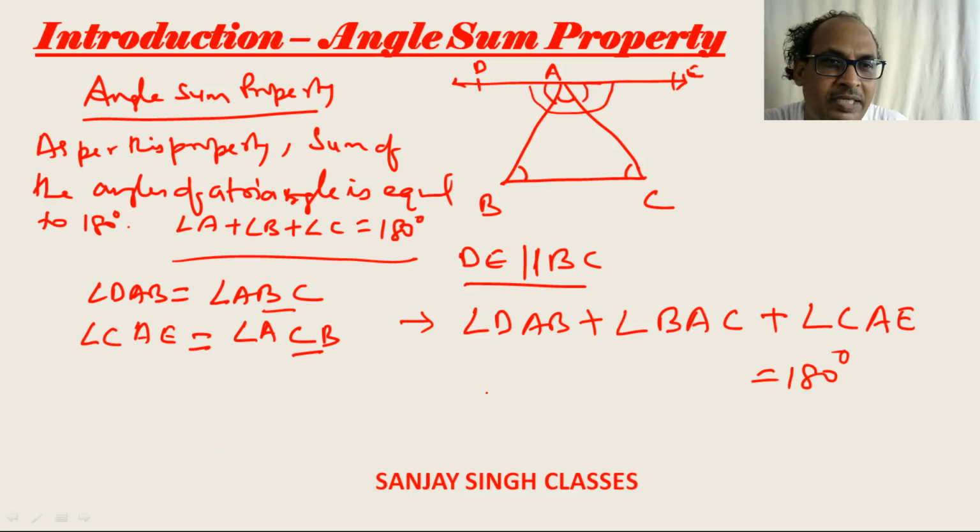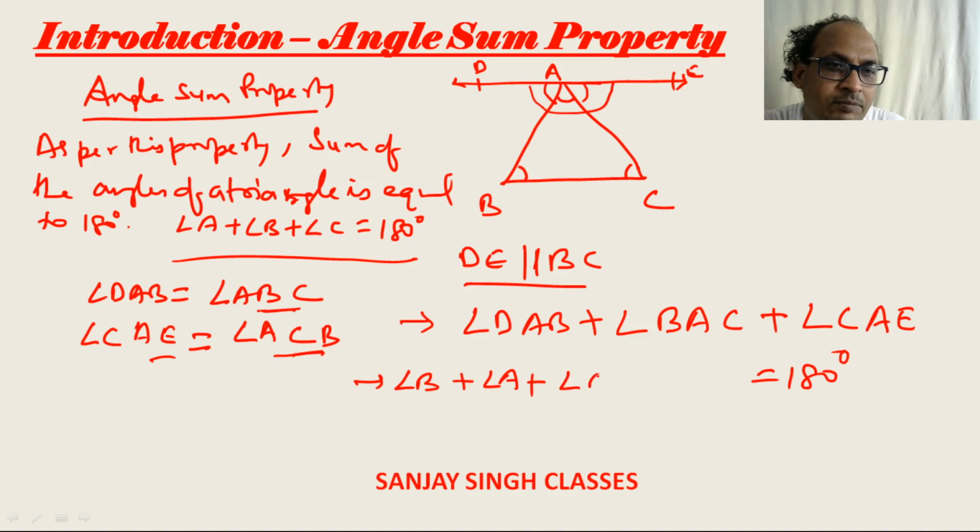In place of angle DAB, we can write angle B. So this we can write angle B plus, now angle BAC is angle A only, plus angle CAE. So angle CAE is equal to angle ACB.